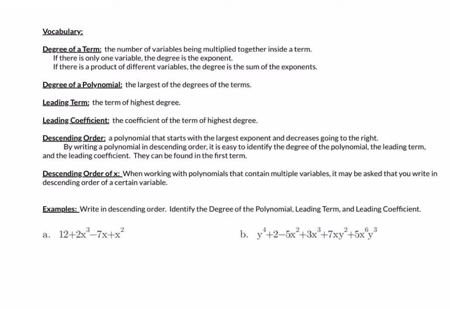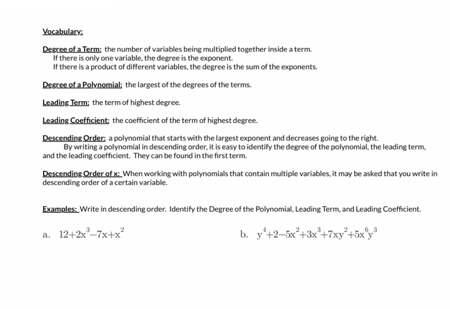We'll see that when we get into our functions, the leading term is actually very important in determining what our graph looks like. We also have the leading coefficient. This is the coefficient of the term of highest degree. That's also going to be something that we'll look at more when we get into functions.